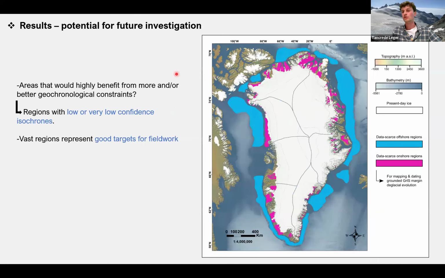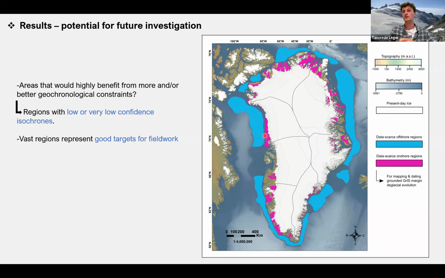Another thing that this reconstruction can be really useful for, I think, is to target places for fieldwork. So here I've highlighted places in pink that are terrestrial and that we consider data scarce, basically because we were only able to draw low confidence or very low confidence isochrones because we either didn't have any landforms or not enough dates, basically.